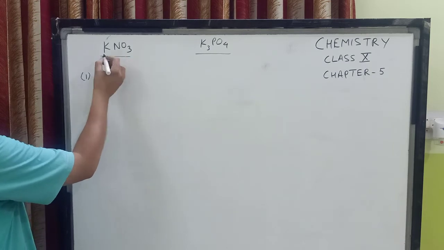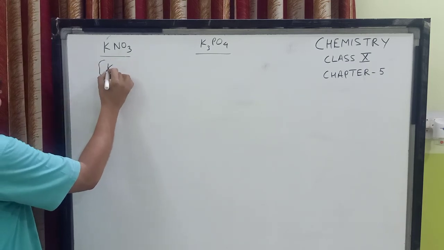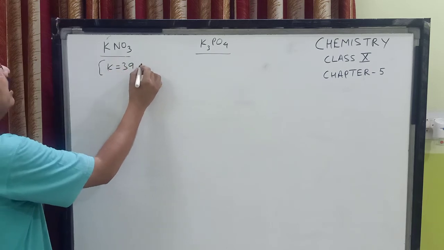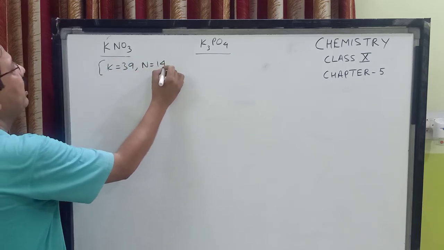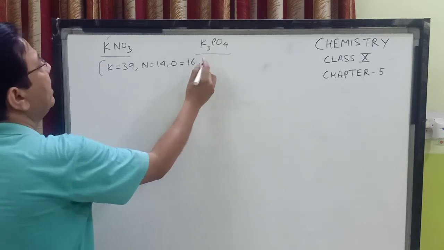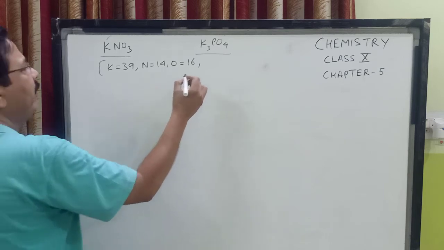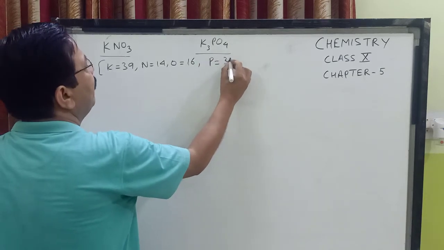First of all, we calculate the percentage of potassium present in potassium nitrate. Potassium is 39, nitrogen is 14, and oxygen is 16. Here we have phosphorus, which we have already discussed in the previous program, that is 31.